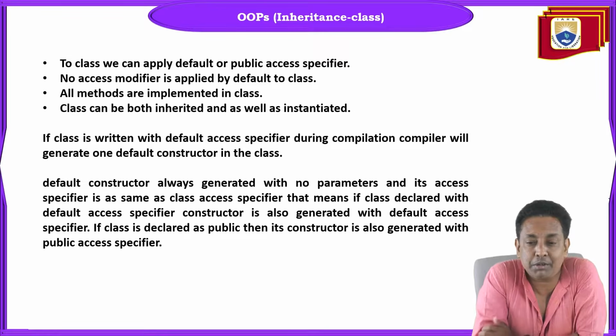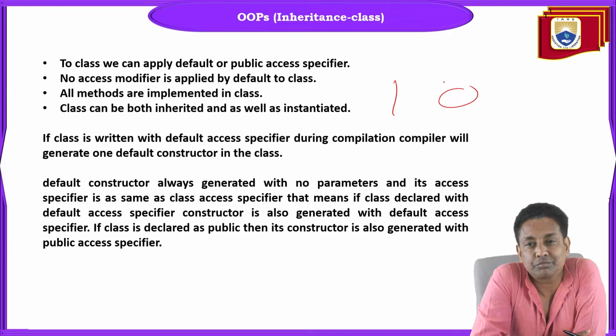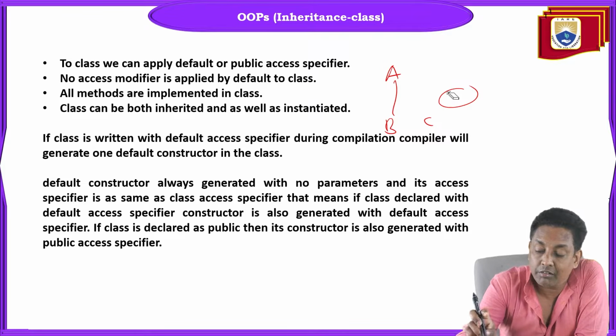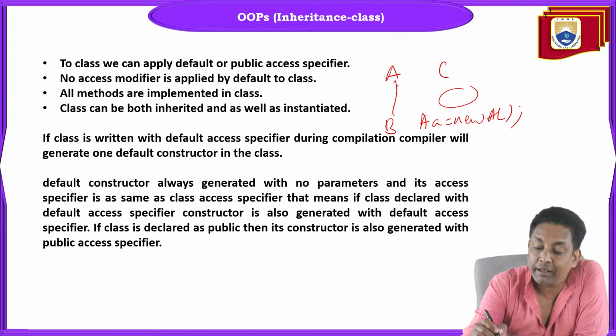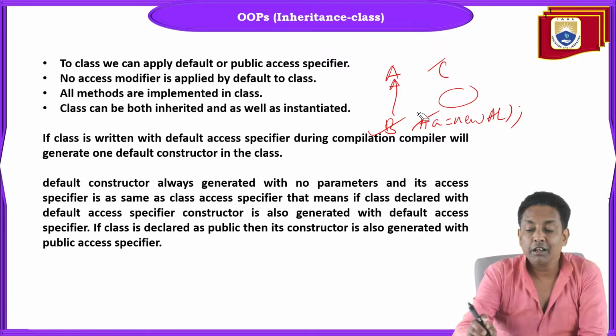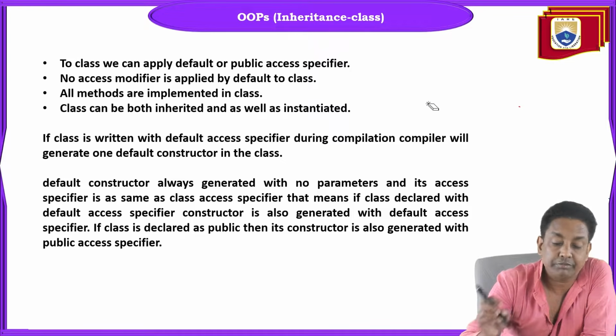A class can be both inherited and instantiated. A is equal to new A. A class can be inherited or a class can be instantiated. A class can be both inherited and instantiated if it is a normal class.